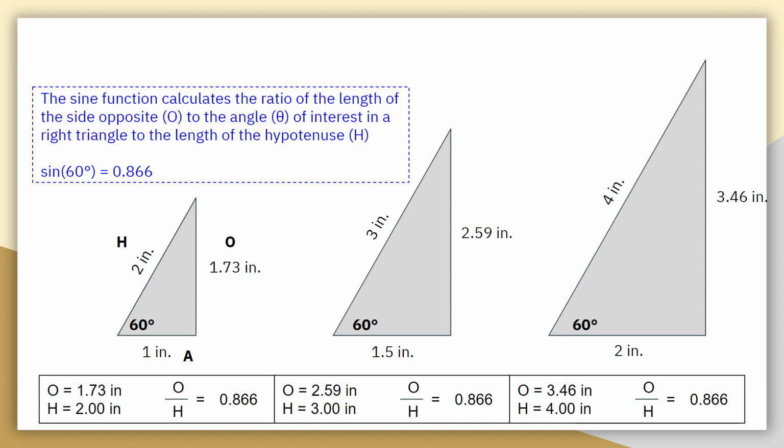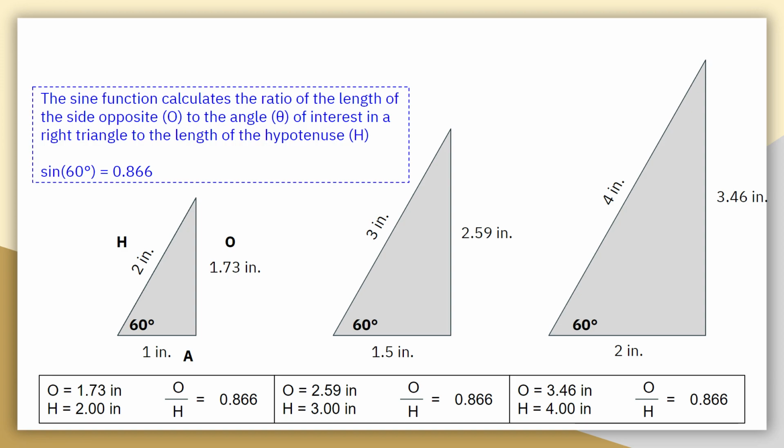Now, this is not only going to work with 60 degrees, we can choose any angle. And when we plug it into a sine or a cosine operation, the numerical value that goes out, somewhere between 0 and 1, would tell us the ratio between the length of the side and the hypotenuse in a triangle.